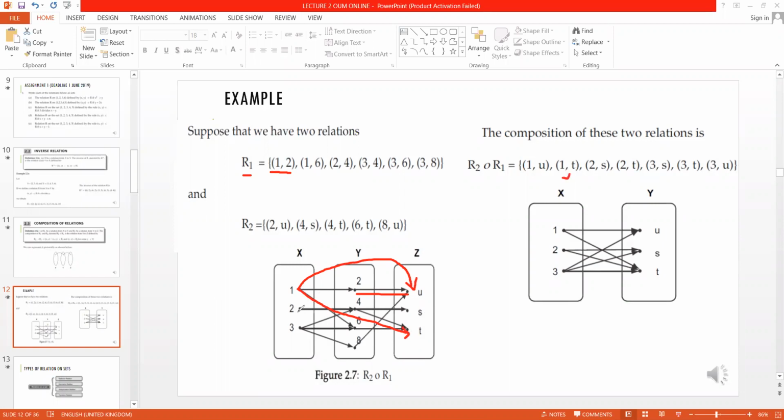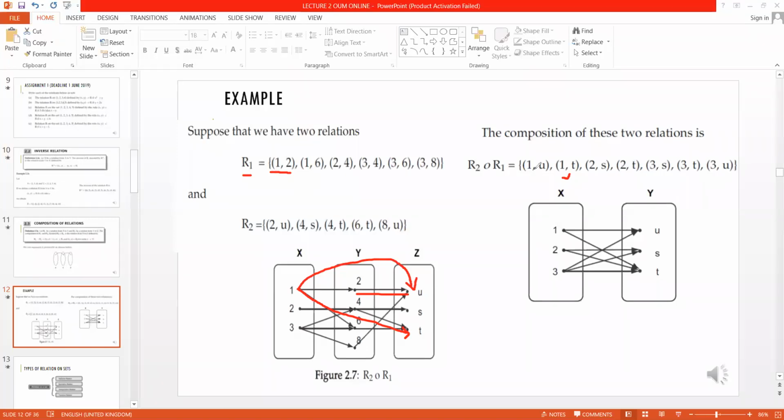Now, if 2 is related to 4, and 4 is related to S, then it means that 2 is related to S. Then 2 is related to 4, 4 is related to T, so we have 2 related to T. The same way 3 is related to 4, 4 is related to S, so we have 3S. 3 related to 4, 4 related to T, so we can have 3T. 3 related to 8, 8 related to U, so we can have 3U.